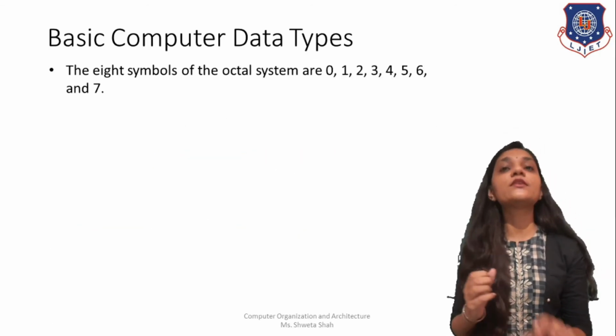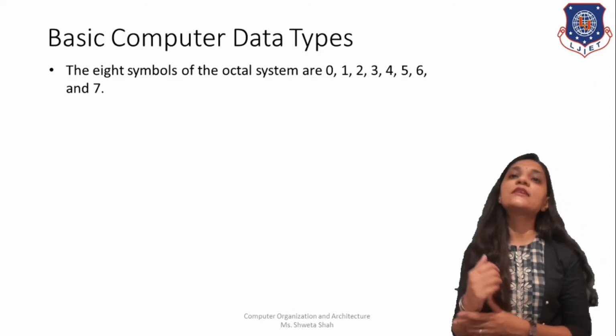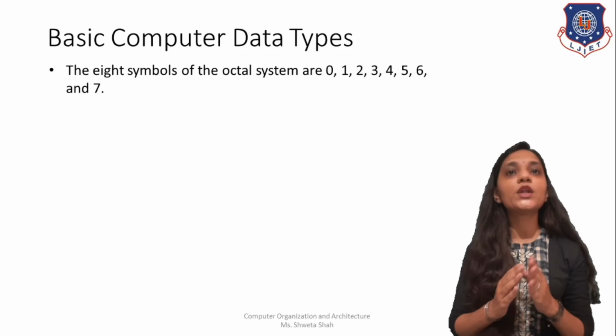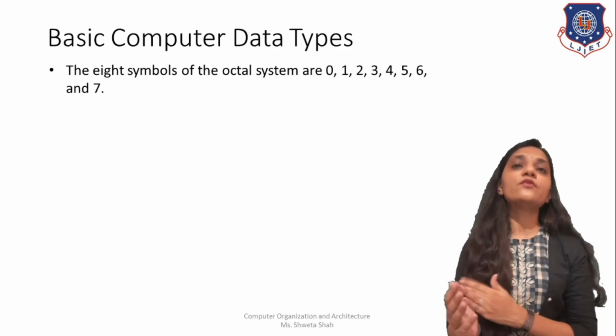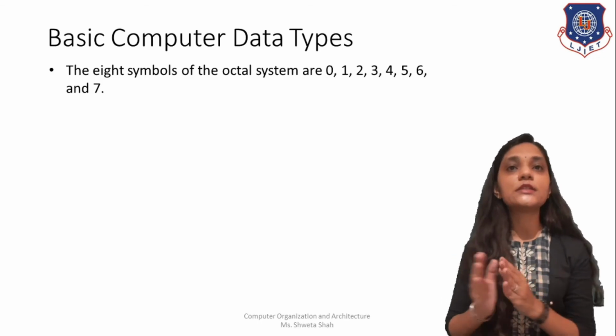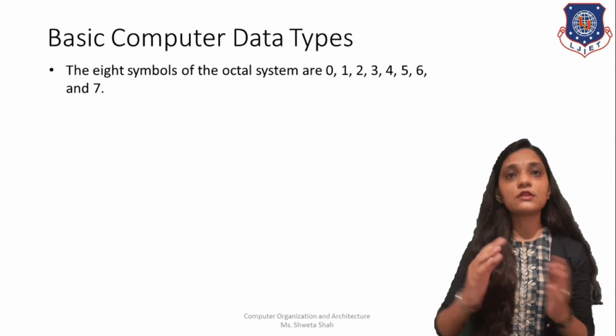For example, if we consider the octal number system, that is a radix 8 system, it has a total of 8 symbols: 0, 1, 2, 3, 4, 5, 6, 7. And for any number system, whenever you are going to use it with a digital system, you have to use the binary conversion of that number.